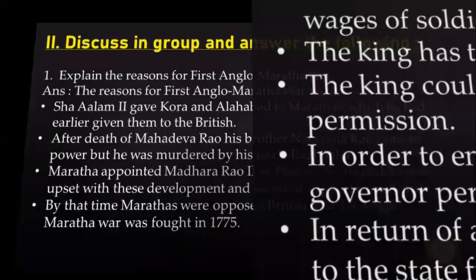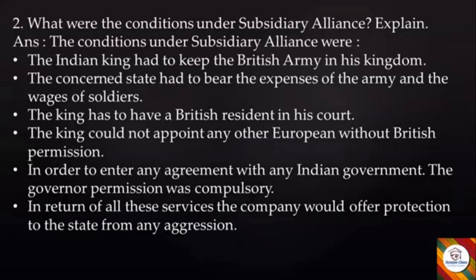Moving to the next question. What were the conditions under subsidiary alliance? Explain. Answer. The conditions under subsidiary alliance were: the Indian king had to keep the British army in his kingdom. The concerned state had to bear the expenses of the army and the wages of the soldiers. The king had to have a British resident in his court.